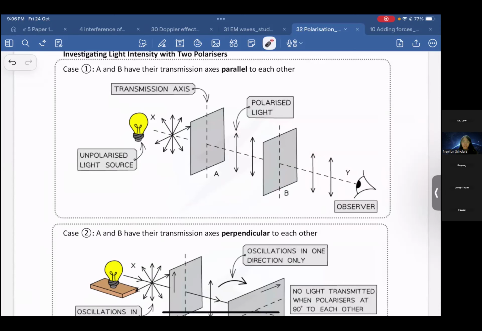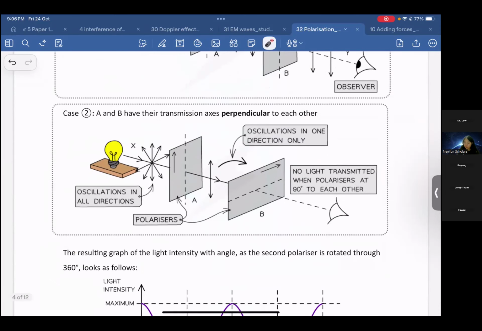But if these two polarizers are perpendicular to each other, what will happen? The light is in all directions, unpolarized. After that, this polarizer has a vertical slit, so it allows vertical light to pass through. But this vertical light comes to the second polarizer, which is a filter you rotate 90 degrees compared to the first one.